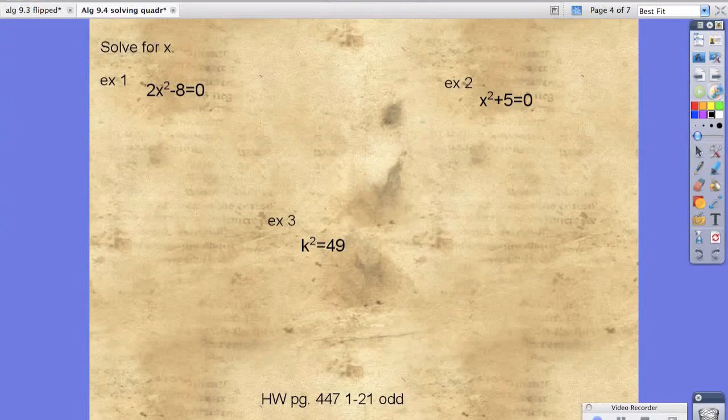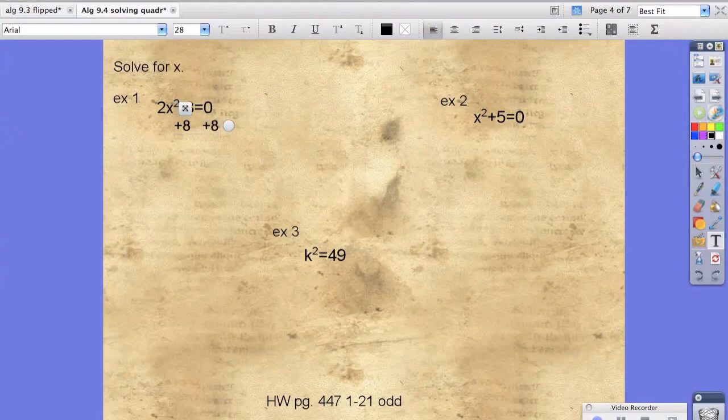For number 1, it's 2x squared minus 8 equals 0. So we're going to go through and we're going to solve for x. So the first thing we're going to do is add 8 to both sides. And we're left with 2x squared equals 8. Then we're going to divide 2 to both sides.